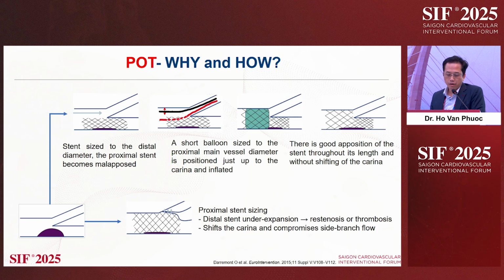So we use the short balloon sized to the proximal main vessel diameter, position it up to the carina and inflate it. And this is a full, good apposition of the stent throughout the length and without shift of the carina.